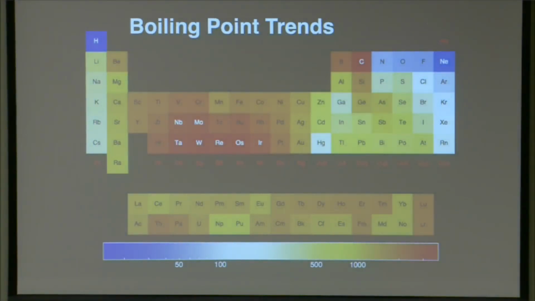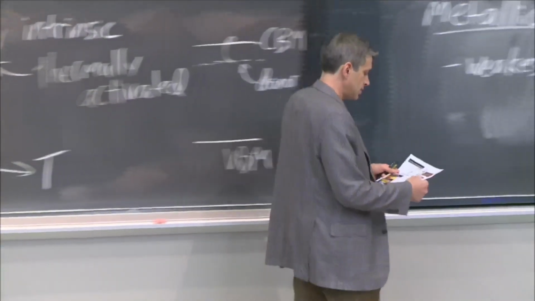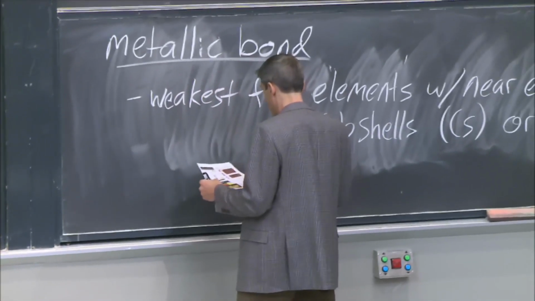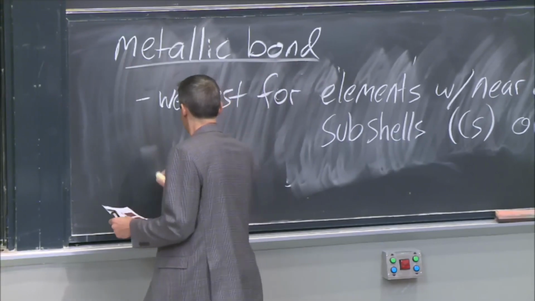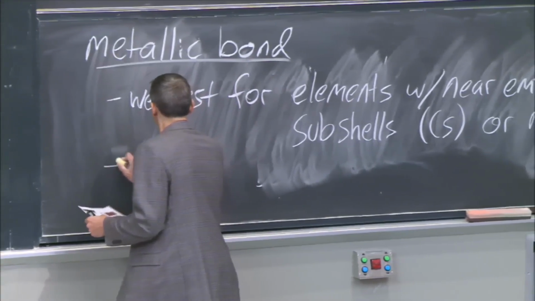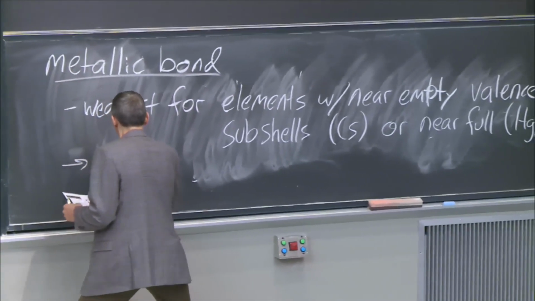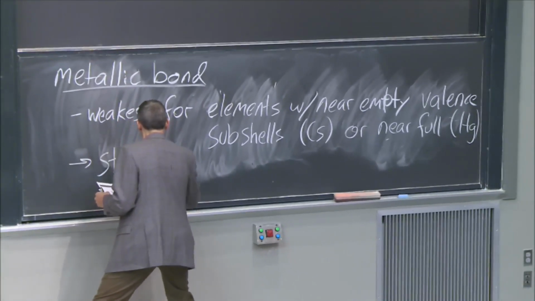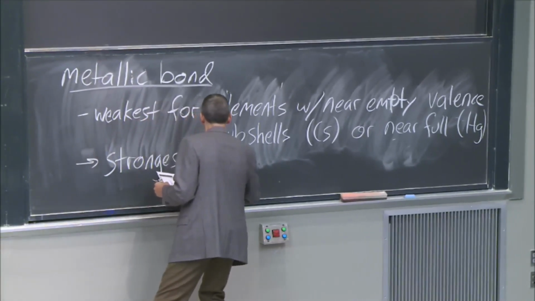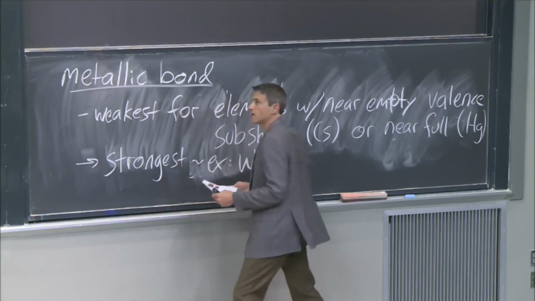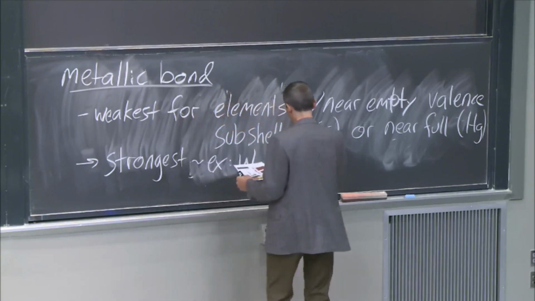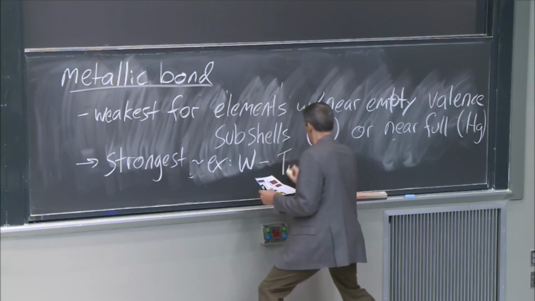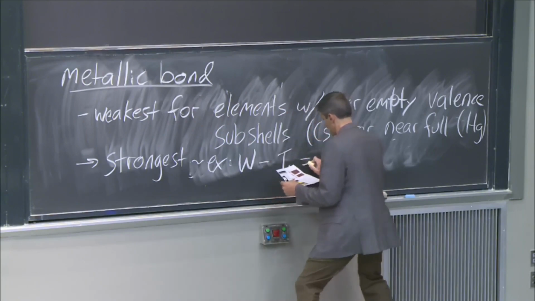Now, if you look at the melting temperature, that's why one of the strongest elements would be tungsten, right? Strongest would be, for example, tungsten, and this is not the same as the boiling point.